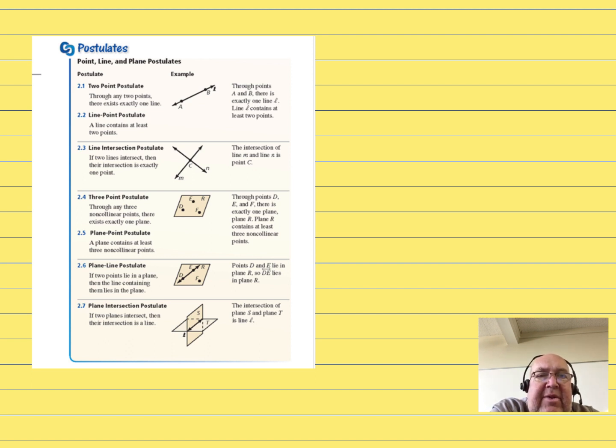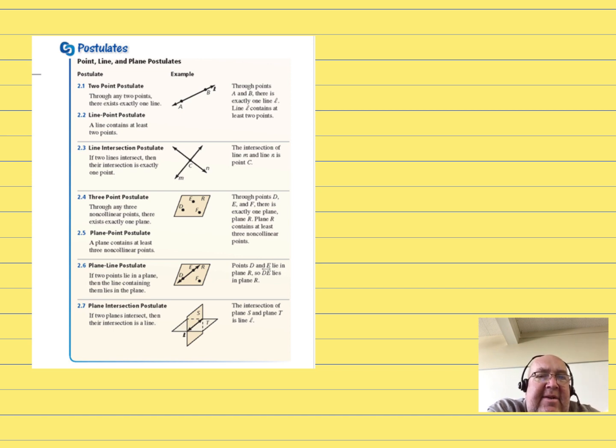However, if you do link 2 points together, you have the plane line postulate. If 2 points lie on a plane and they contain lines in the plane, so points D and E are on the line DE.